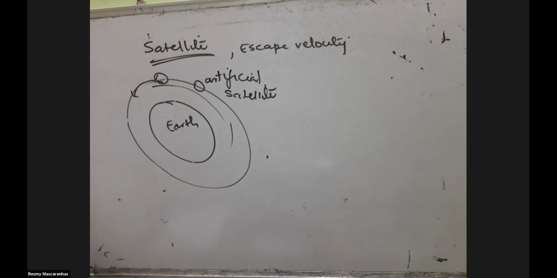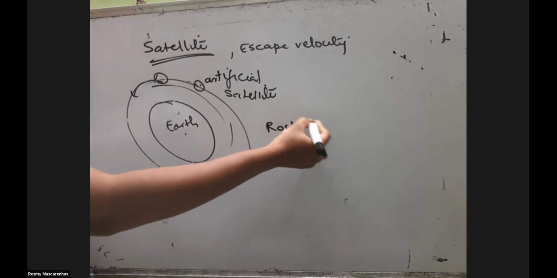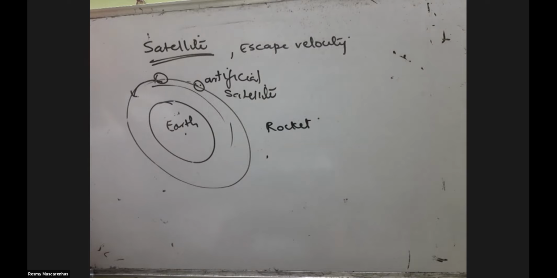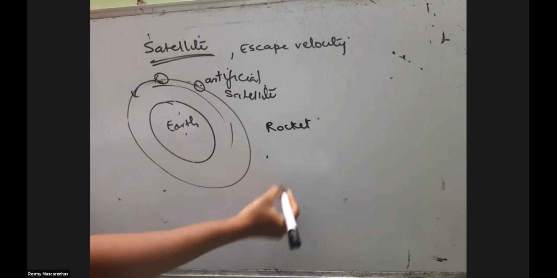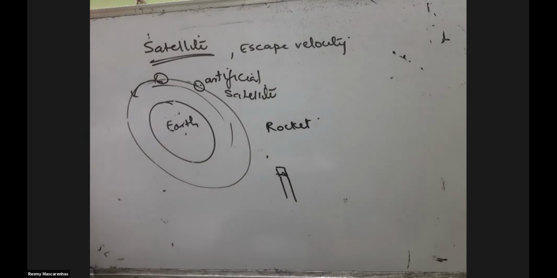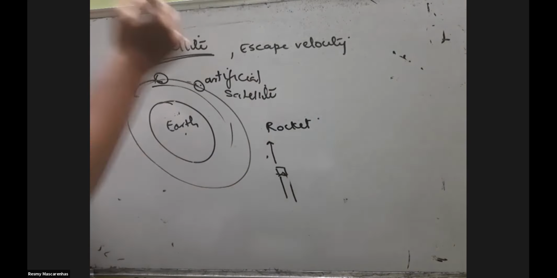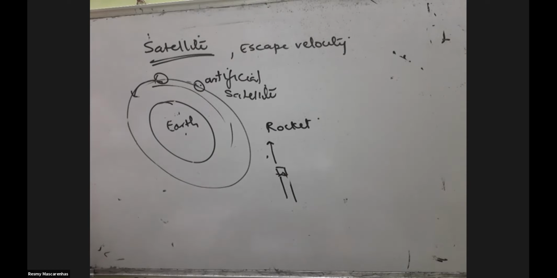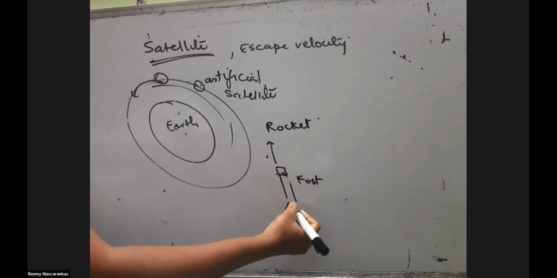The device which is used to transfer a satellite from the earth to the orbit is a rocket. There are various stages for the rocket. At the tip of the rocket we keep a satellite, suppose the satellite would be here. Then we ignite, so it would go here at some point. So this will be your first stage. It has been ignited.